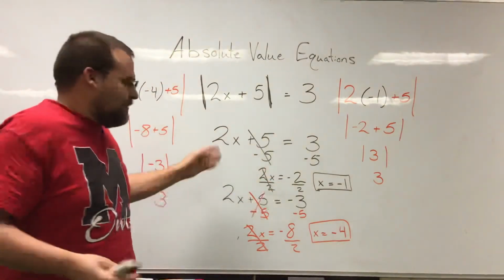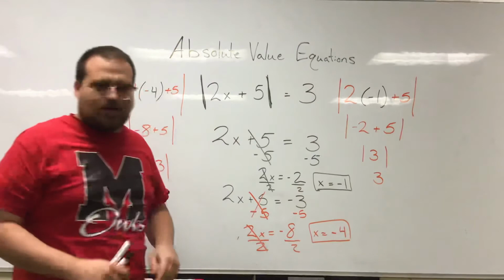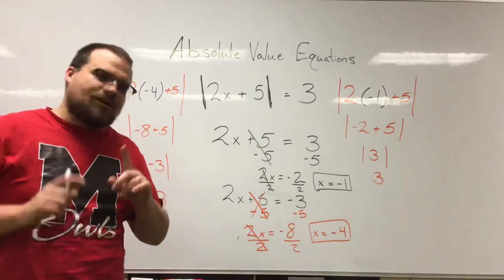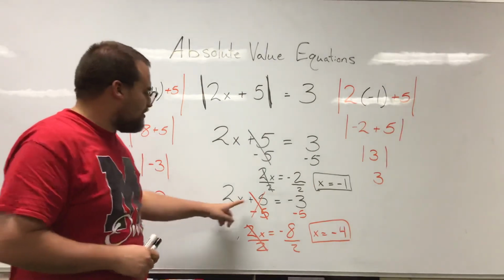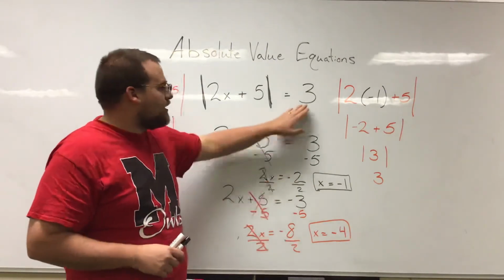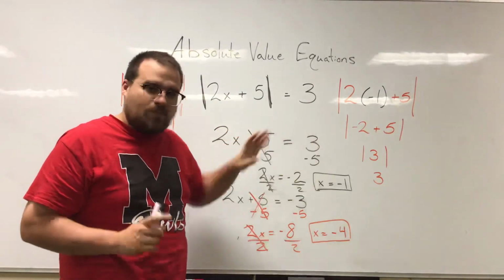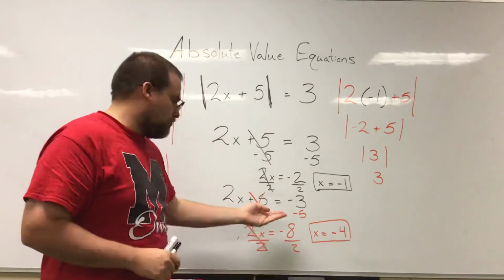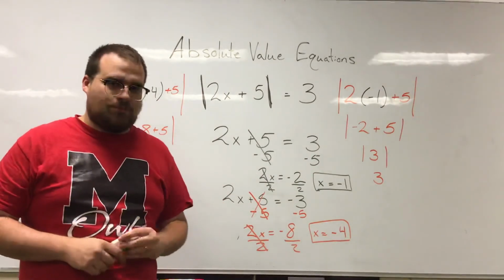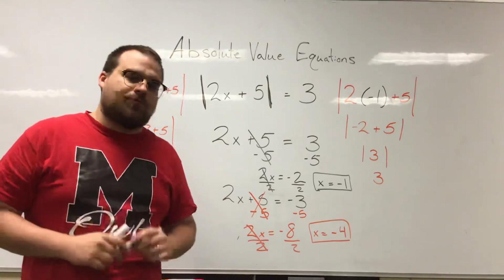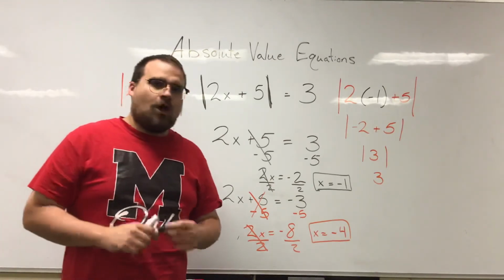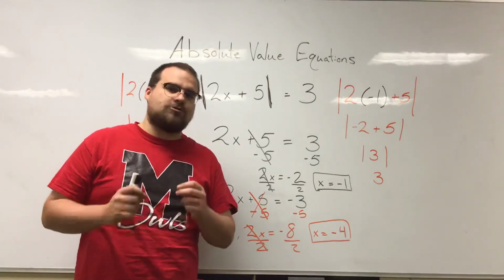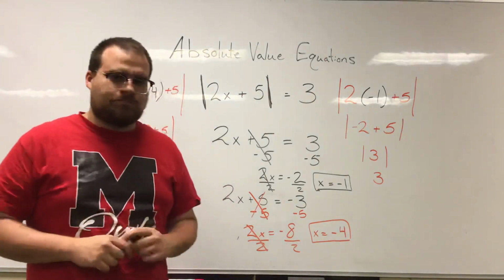Pretty simple. The same equation, just with the absolute value bars dropped. But then we write a second equation, where instead of what it's equal to being what it says here, we make it negative. So like we did here with negative 3. We solve both of those, and both answers are our possible solutions for x.